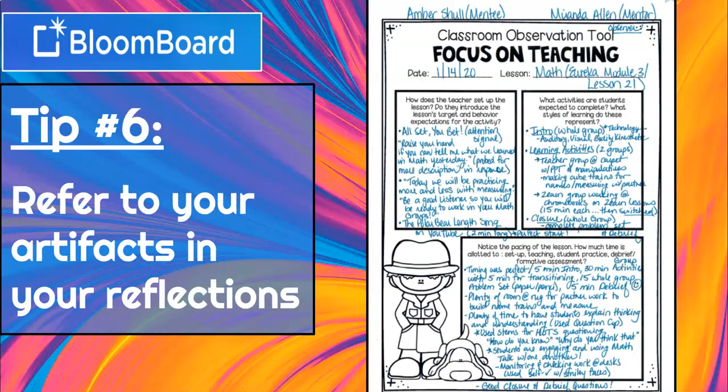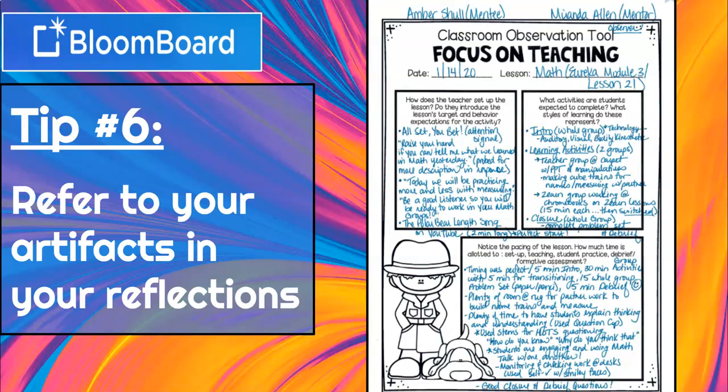Tip number 6, refer to your artifacts in your reflections. One of the areas that I got counted off for on my Task A was that in my reflection, I did not mention specific artifacts that I included in my implement section for the task.